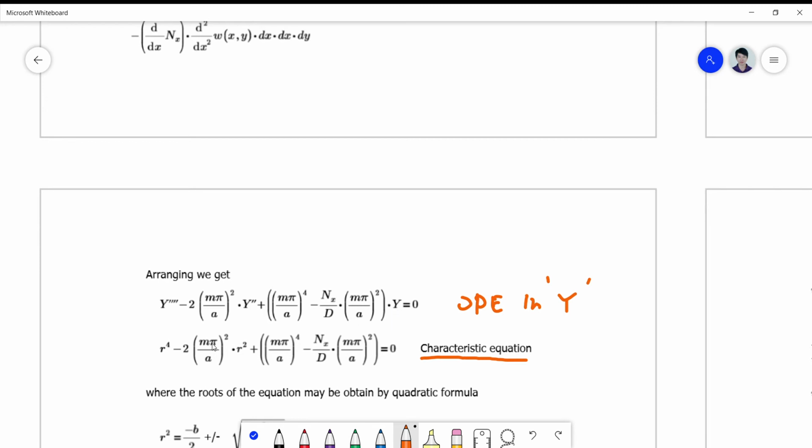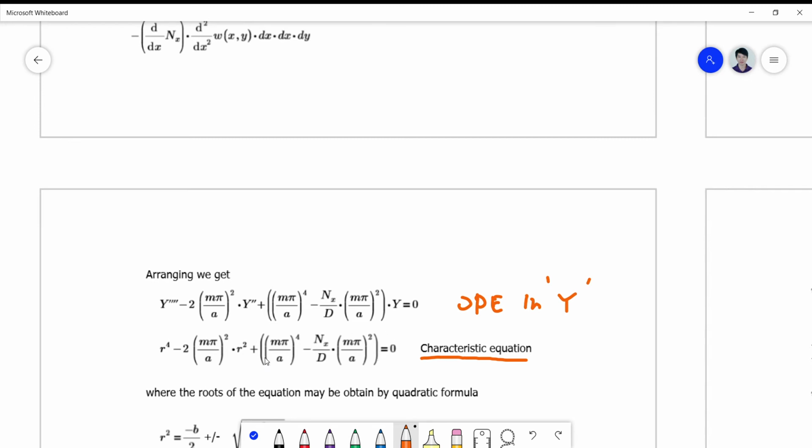So we actually convert y into an auxiliary variable r, and then assume that the order of the derivative is your exponent. So this becomes 4, this becomes 2, and this becomes 0. So any number raised to 0 is 1.